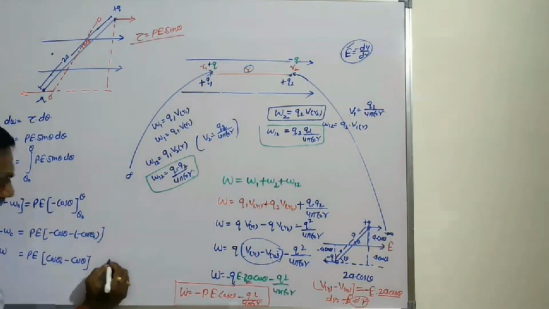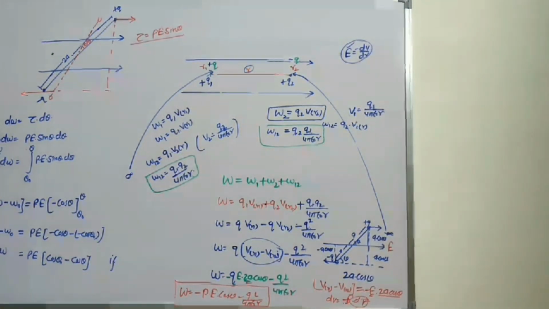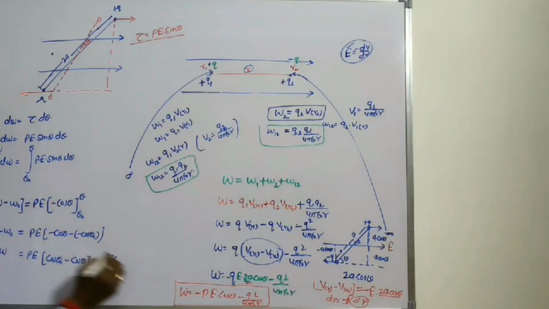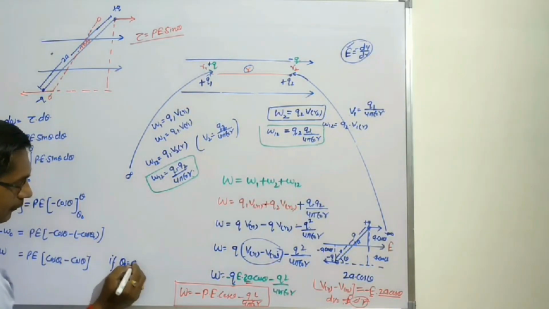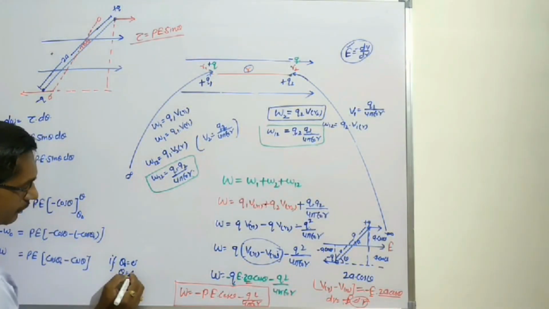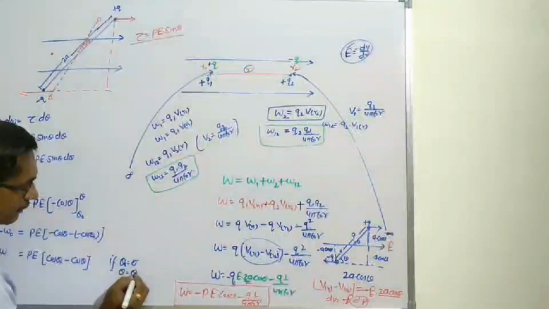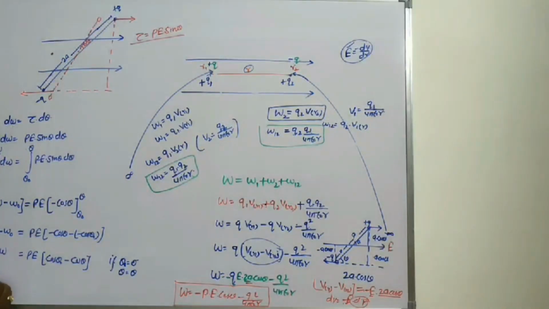In the special case where theta naught equals 0 degrees and theta equals theta, delta W equals PE (1 minus cos theta). This is the work done.